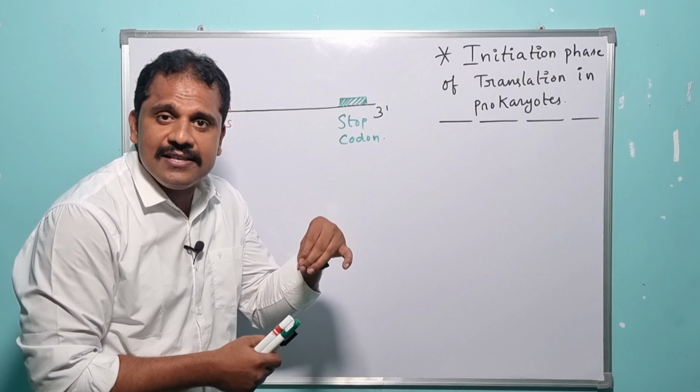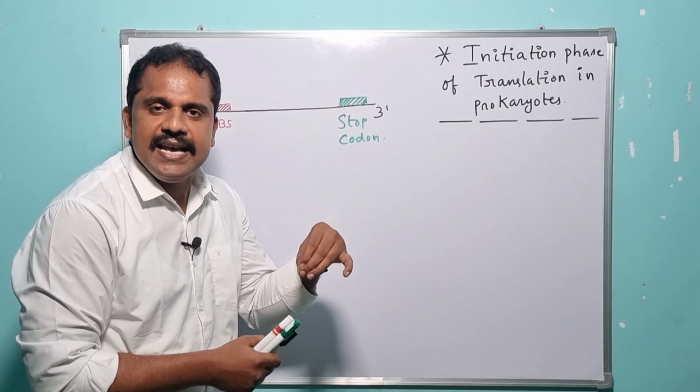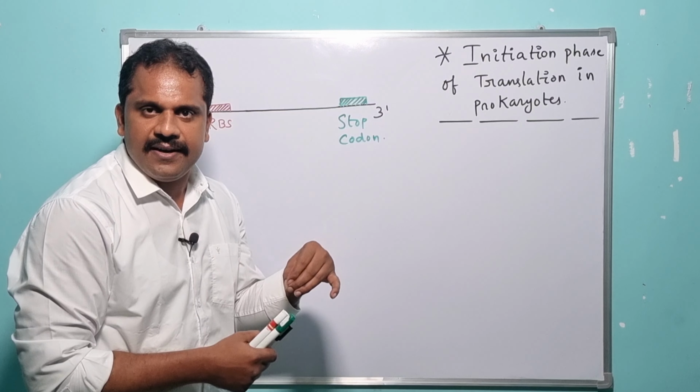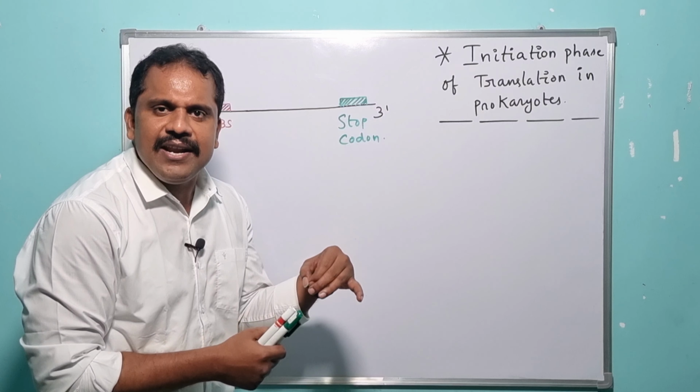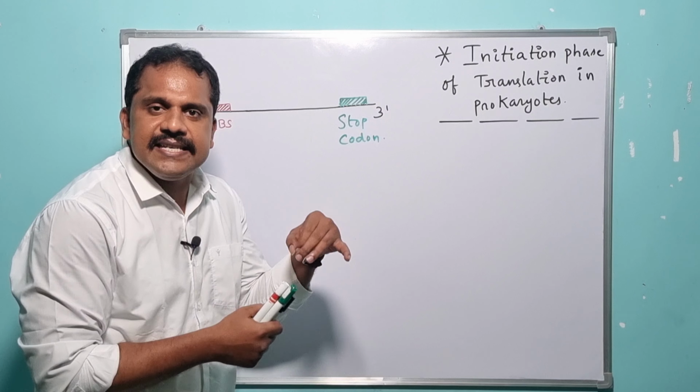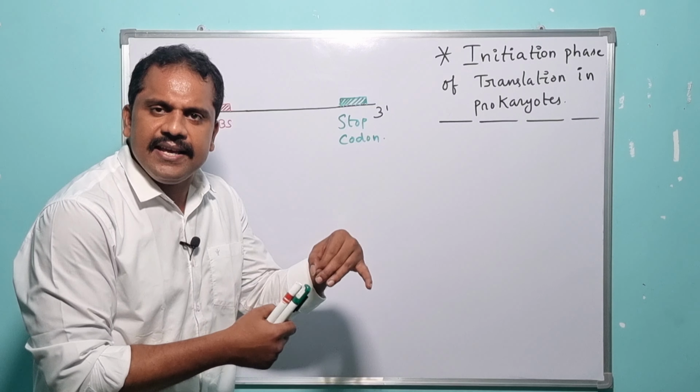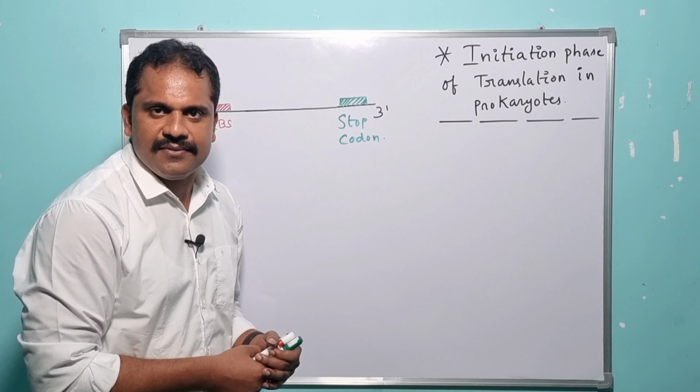Within the small subunit of the prokaryotic ribosome, 16S rRNA is embedded. That means the ribosomal binding site is quite complementary to the 16S rRNA which is embedded in the 30S subunit of the prokaryotic ribosome.